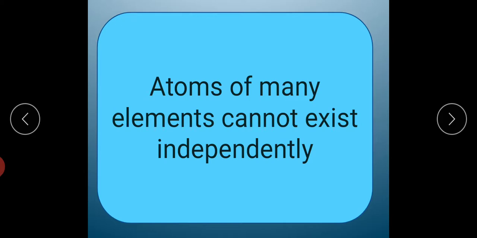To become stable, atoms combine chemically to form molecules. That means atoms combine to form molecules in the cases where atoms cannot remain independent or cannot exist as independent entity.